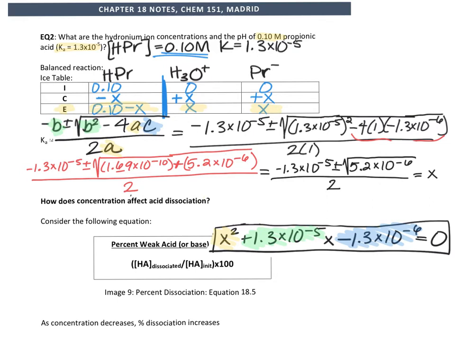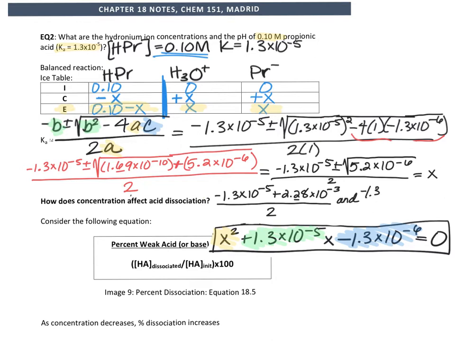So that gives me negative 1.3 times 10 to the negative 5 plus 2.28 times 10 to the negative 3, all over 2.